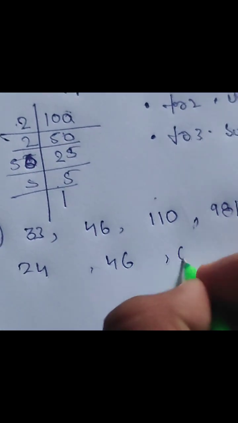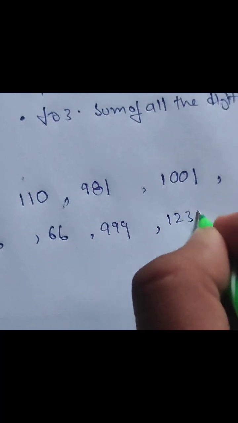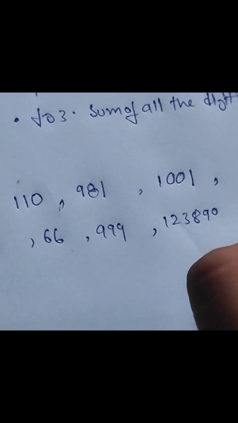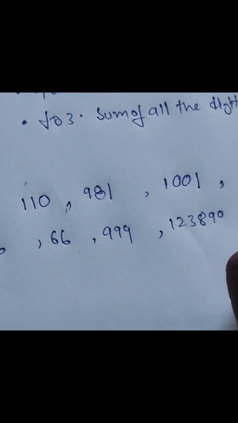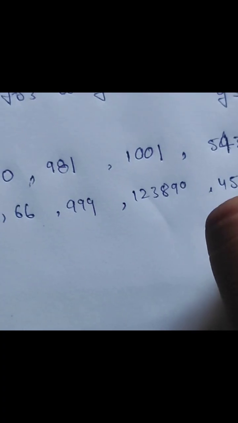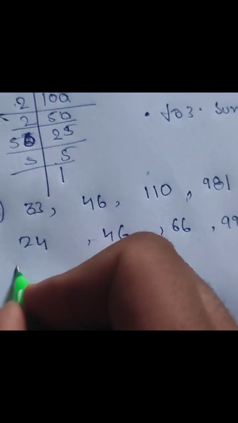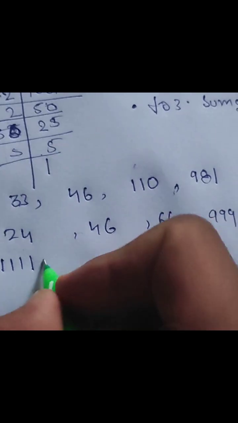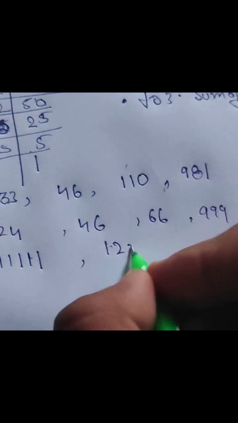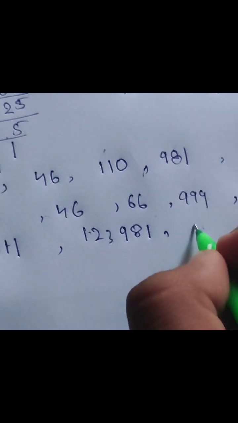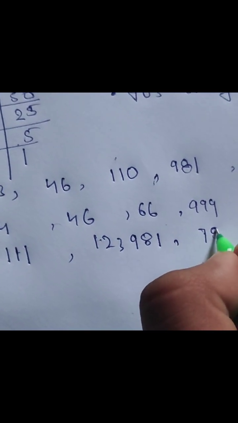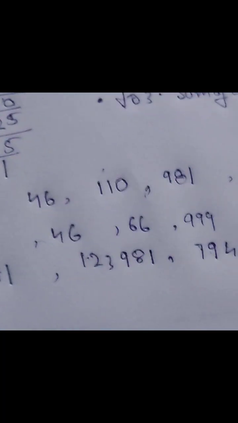First it is 24, using the unit digit formula, then 46, 66, 999, then 1 2 3 8 9 0, 4 5 5 4 9, and 1 1 1 1 and 1 1, and 1 2 3 9 8 1, 7 5 7 9 4 2 1. These are the questions. Do them by yourself.